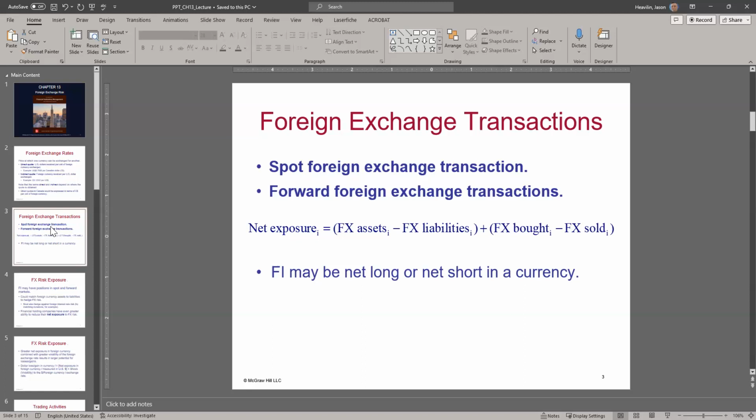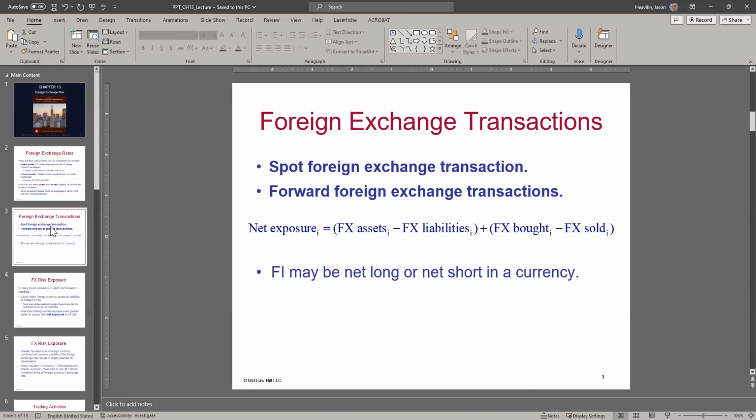So net exposure equals the foreign exchange assets minus the foreign exchange liabilities, or the liabilities expressed in the foreign currency. Then you add the foreign exchange purchased minus the foreign exchange sold. So it's netting. You're looking at the net between assets and liabilities expressed as a foreign currency, plus the net of any purchases and selling of this foreign currency.